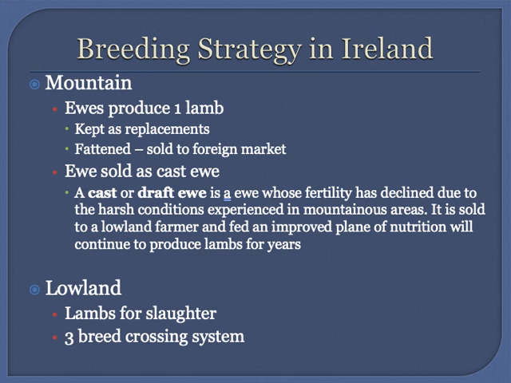Then what about the breeding strategy in lowland farms? Well, there you're absolutely focused on producing lambs for slaughter, and as I mentioned earlier, we tend to use that 3-breed crossing system where we are producing a crossbred ewe first of all, and that crossbred ewe typically has a mountain ewe parent to bring the good mothering ability, and then introduce another breed for the prolificacy, and then you finally cross them with a third breed, a terminal sire, either the Suffolk as I mentioned or the Texel.